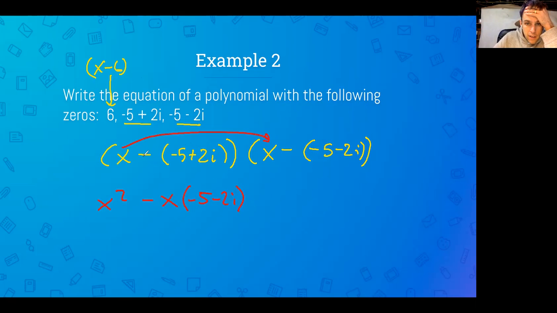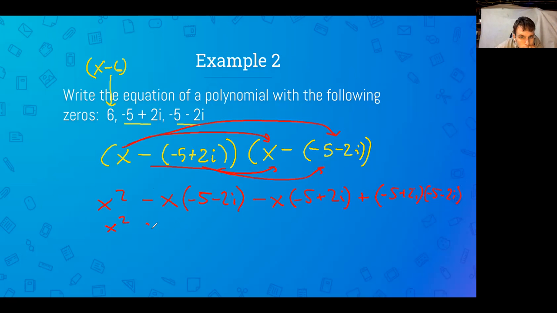And then we have negative, sorry, that was this times this. Now we're going, so this times x, that's going to again be negative x times negative 5 plus 2i. And then we have positive negative 5 plus 2i times negative 5 minus 2i. Okay, more algebra here.